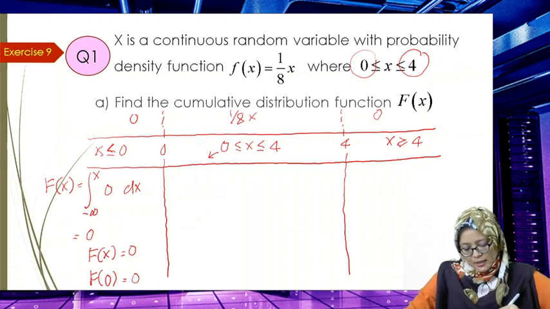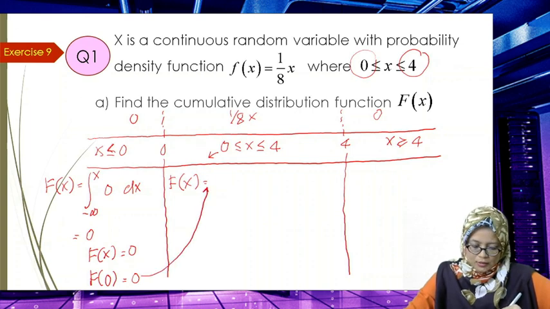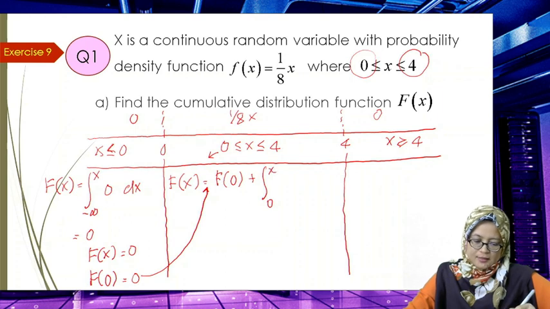Okay, so untuk second interval, kita punya cumulative, nilai yang kita cari ni, kita akan masuk dekat sini. So ini F(0), tambah dengan integrate daripada 0 until x. Tak boleh sampai 4 sebab dia belum mencecah 4 lagi.